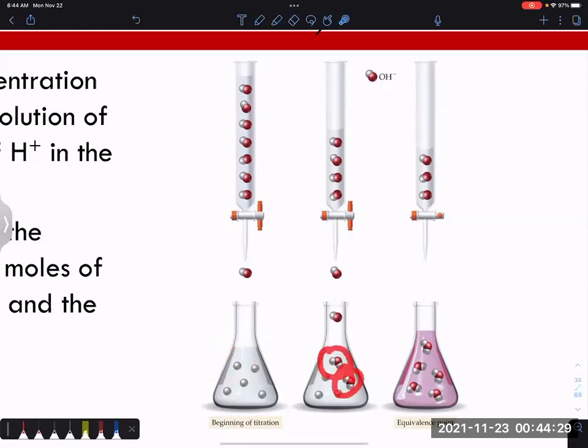These are added in and combined with the hydrogens. And as they do that, we start using up all of the available hydrogens in that solution. At some point we reach the equivalence point, where the hydroxide that we've added is combined with all of the hydrogen atoms that are available, and we use them all up.